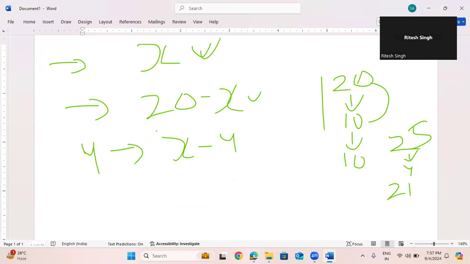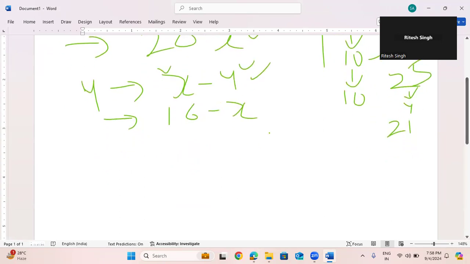So if the current age is x, 4 years ago it will be x minus 4. And the age of the second person 4 years ago will be what? We will also subtract 4 from it. So 20 minus x minus 4 will be 16 minus x. So we simply got the ages of the two persons in terms of x, 4 years ago.